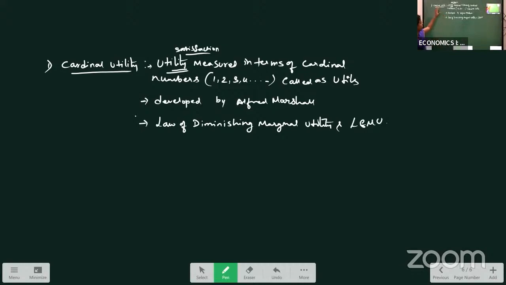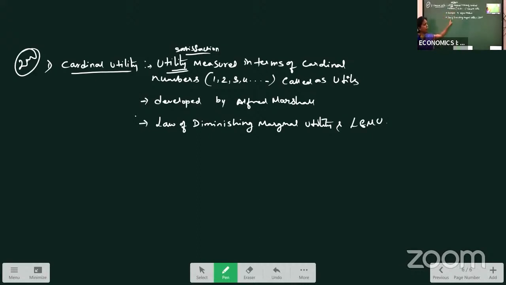So, a simple 2 marks question you are getting over here. Cardinal utility means what? Utility which is measured in terms of cardinal numbers, that is 1, 2, 3, 4, which are called utils.